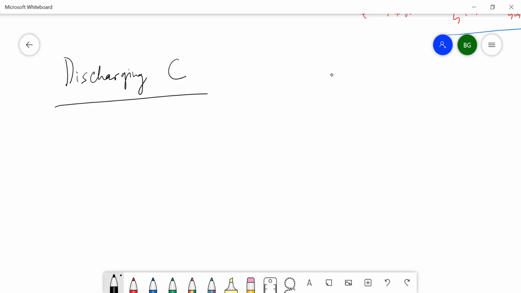It means that at t equals 0, at the beginning, the capacitor is already fully charged. We have Q max at t equals 0 seconds.